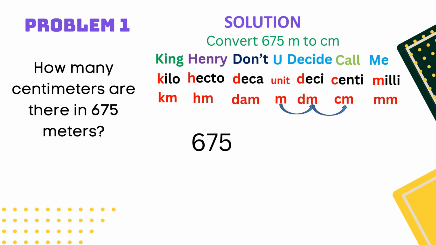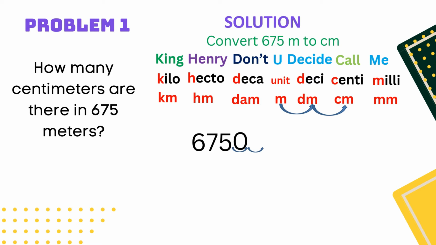Then for 675, we're going to locate the decimal point, and we're going to move 2 decimal places to the right. 675 is a whole number, and the decimal point of a whole number is found at the rightmost of the number. So here, we're going to move 2 decimal places.